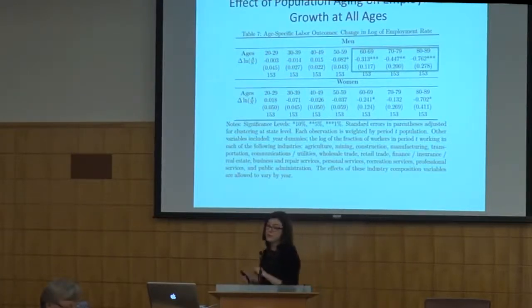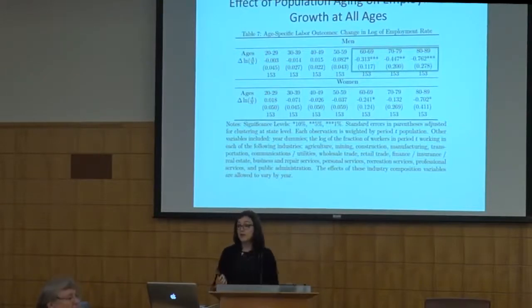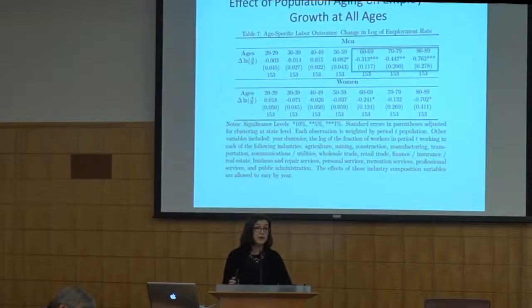We find very little evidence of an effect on the employment of younger workers. Nothing is statistically significant, and in fact all of the effect is concentrated among labor supply reductions in the oldest group. So that's somewhat reassuring that the instrument is indeed operating through the labor supply of older workers, but also quite interesting.